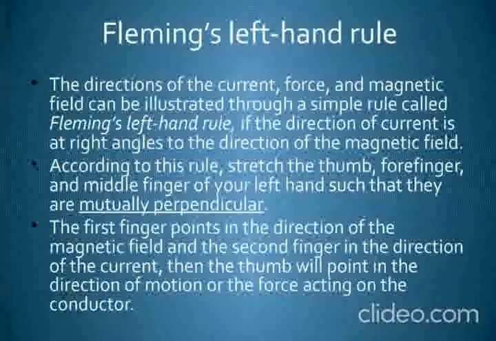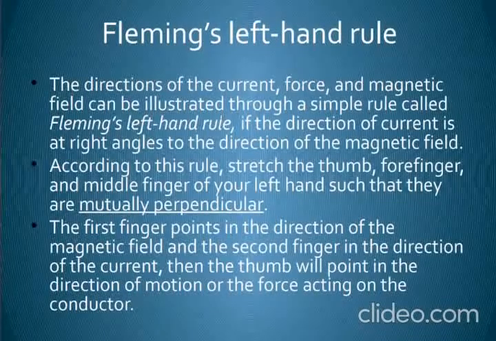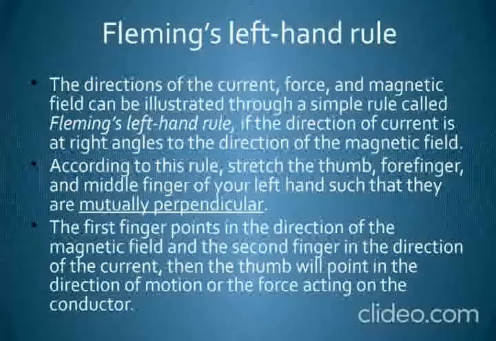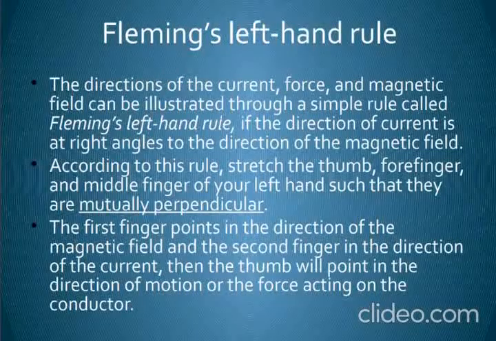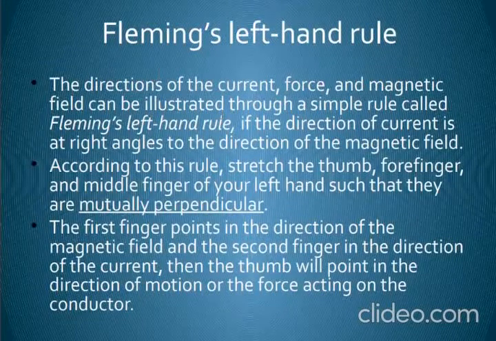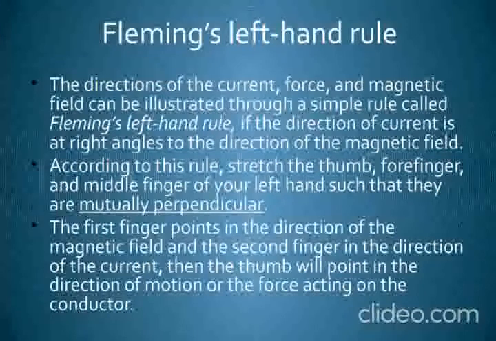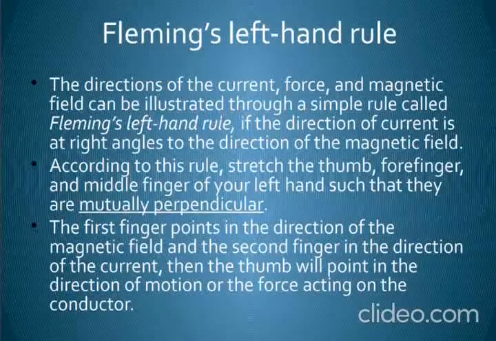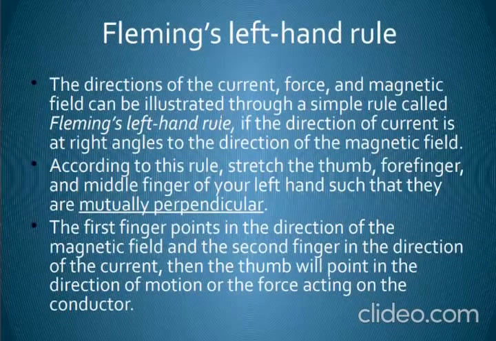According to this rule, if the direction of current is at right angle to the direction of magnetic field, then the direction of magnetic force will be perpendicular to the plane of the current and magnetic field.